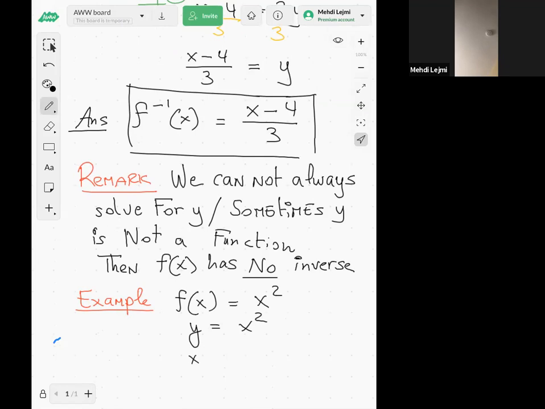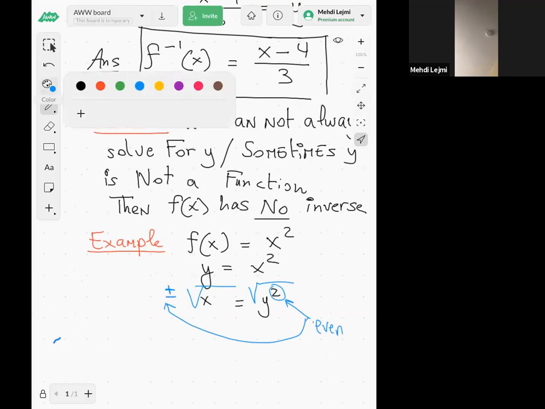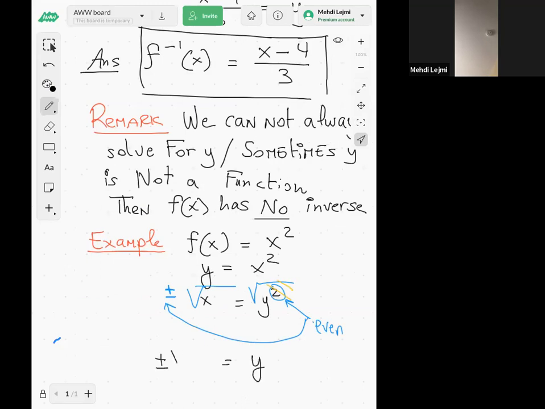So x is y squared, and then you want to solve for y. Of course you apply the square root to both sides. Because the power is even, you're going to need a plus or minus here. The square root cancels out with the square, and then your y would be plus or minus square root of x.